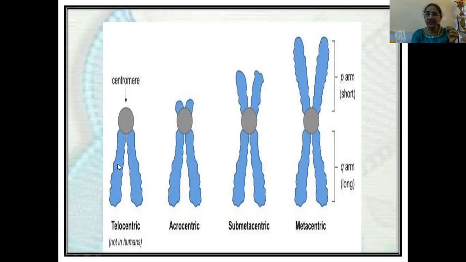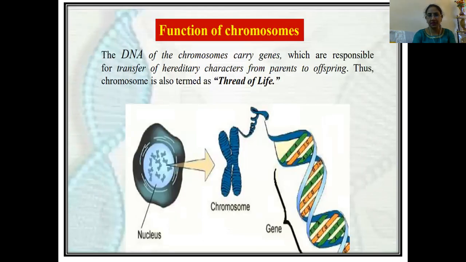And the last is telocentric. That means the position of the centromere will be at the telomere. This type of chromosome is generally not found in humans, where the centromere is just at the telomeric region.